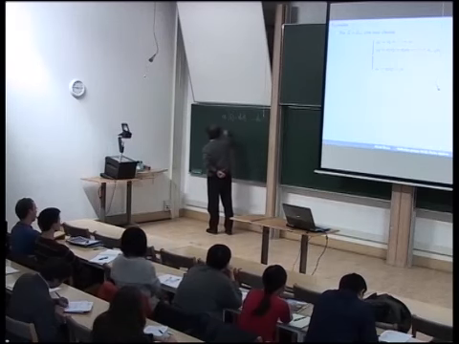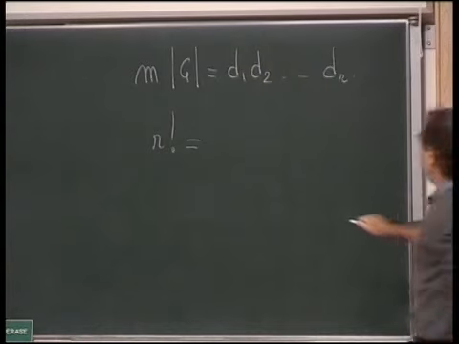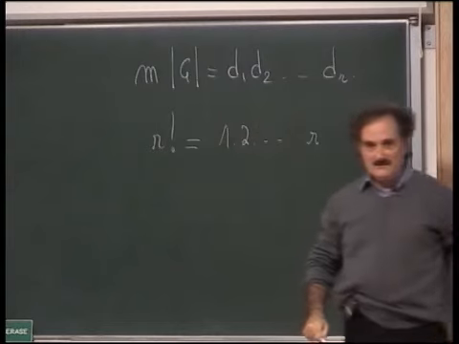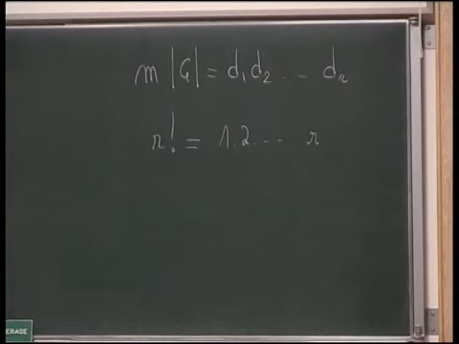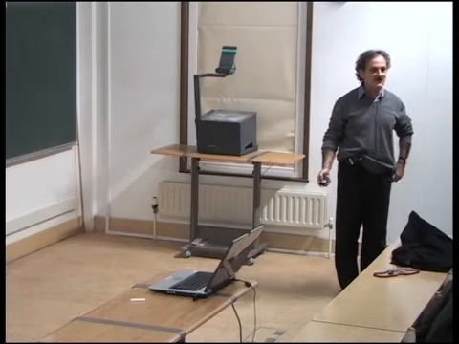In that case, you get that R factorial is the product of the degrees of these, which are obviously 1, 2, up to R, and you get the magnificent formula. Yeah, it's a proof if you wish, but it works in general. It works for any finite reflection group.